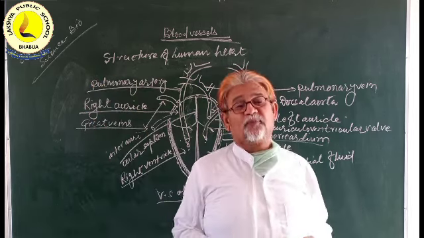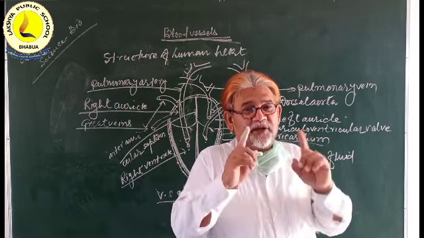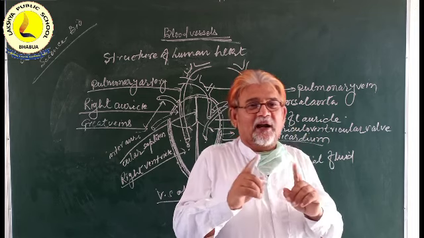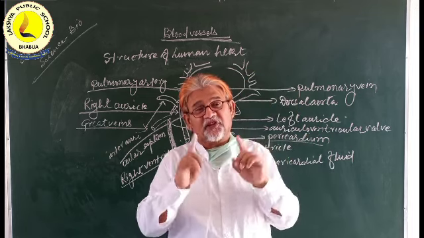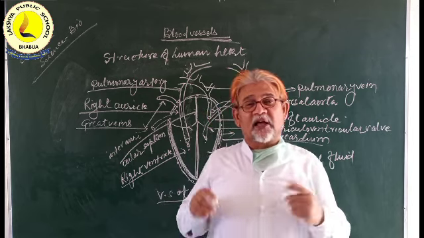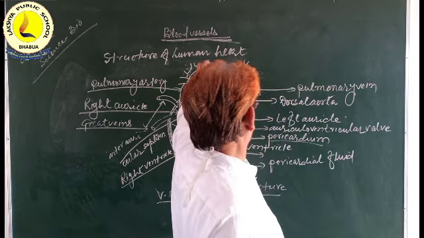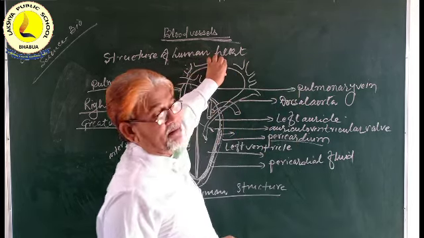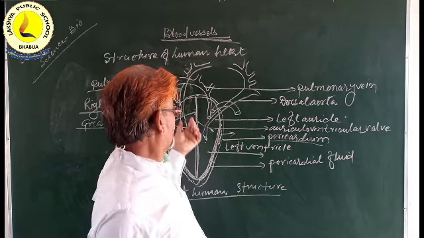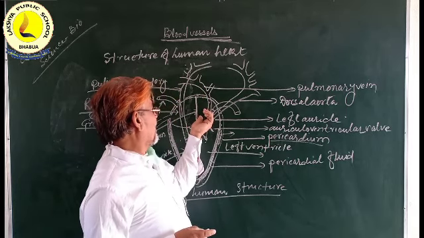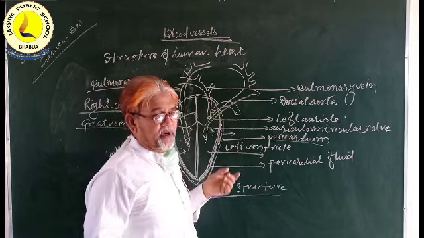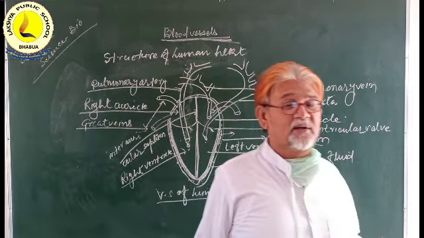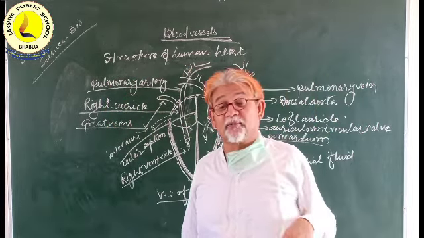It is an exception: the pulmonary artery is an artery, but it carries deoxygenated blood. The other exception is the pulmonary vein, which arises from the lungs and opens into the left auricle; it is a vein, but it carries oxygenated blood.